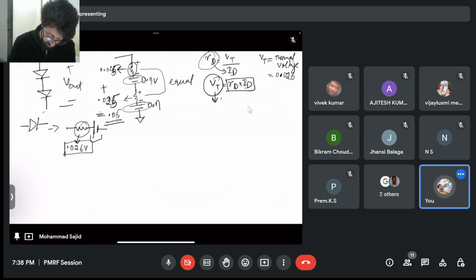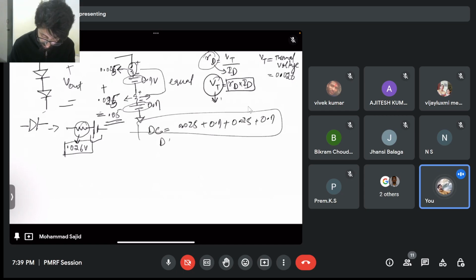So you can now find the DC output voltage, total equivalent to 0.025 plus 0.7 plus again 0.025 plus 0.7. That will come out to be 1.4 plus 0.05, 1.45 volt. Is this fine?